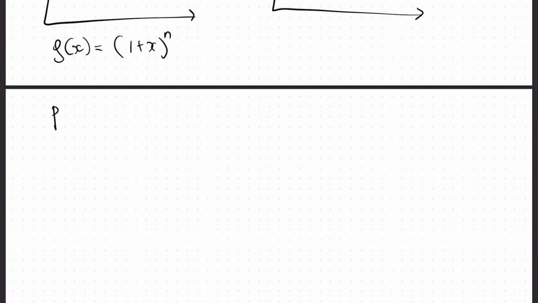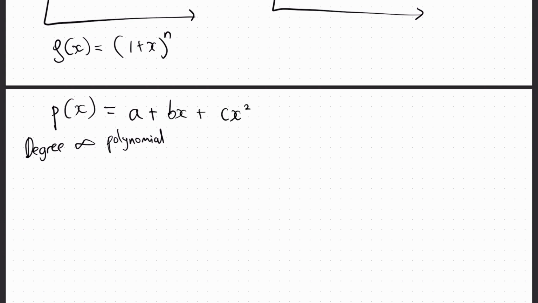So let's write down a p of x, and let's put this in the most general form. Any polynomial, we'll call it a degree infinite polynomial. I don't think that's the right term, but anyway, p of x is going to have a constant term a, plus bx plus cx squared plus dx cubed, and so on.